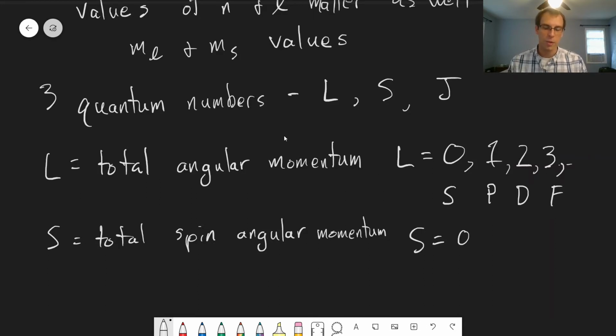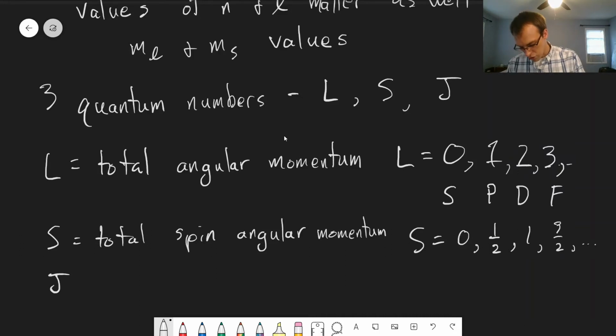If we have one spin up and one spin down electron, that will add up overall to 0. We could possibly have a half, we could have 1, we could have 3 halves, right? And so this can increase in increments of a half, depending on which direction we have spin up, spin down, and what combination of those we have.